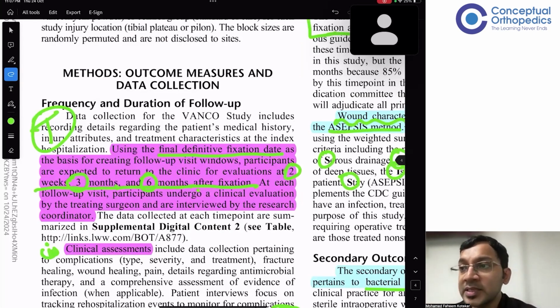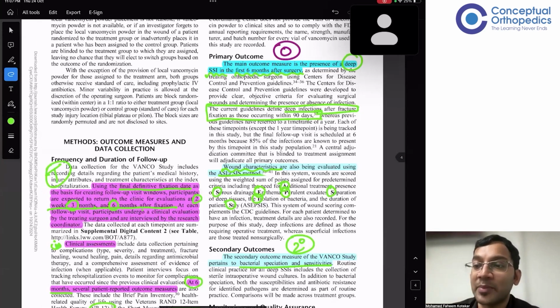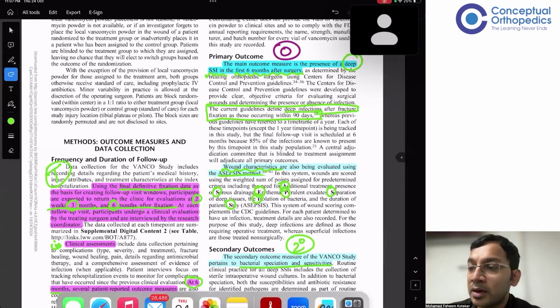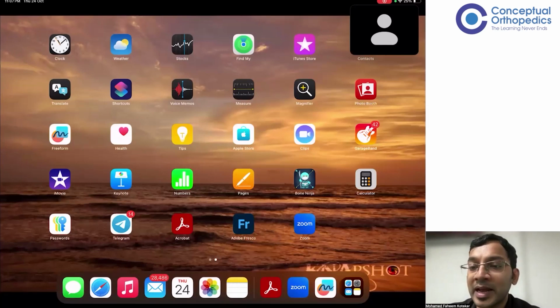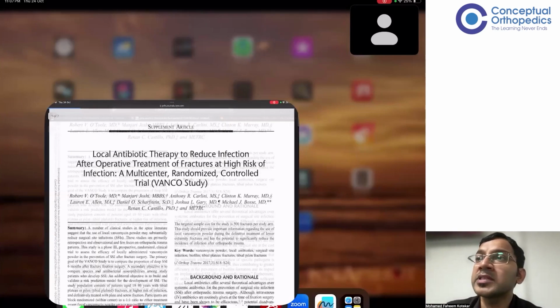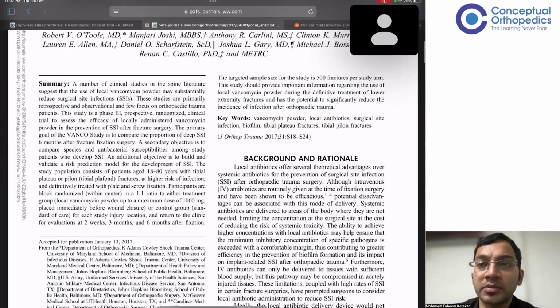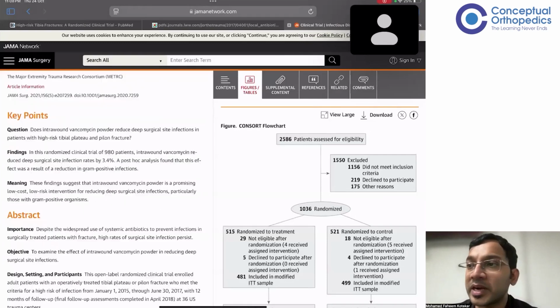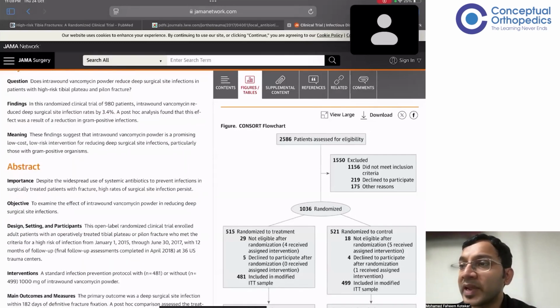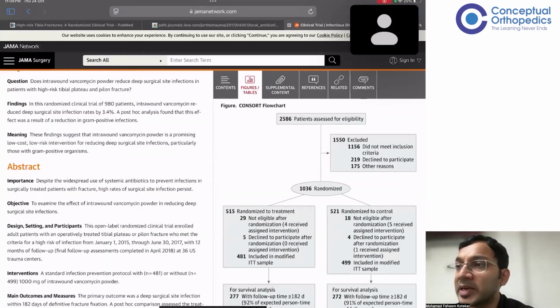So since the PICOT is very well established in the study, about 3 years they ran the study and they gave us the outcomes. Okay, so this is the same study. They had 2586 patients assessed for eligibility.